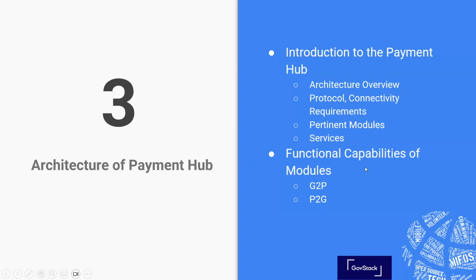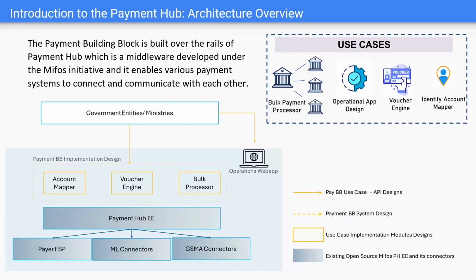Then some of the modules that we have developed and worked on, and some of the functional capabilities of the modules. First of all, this is a very simplified version of the whole solution to give an idea of how this solution has been implemented.